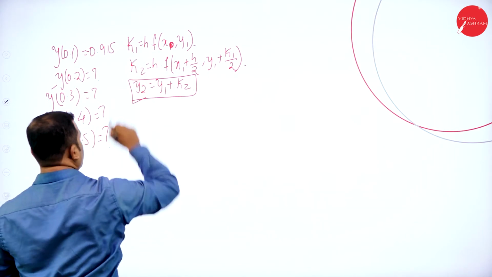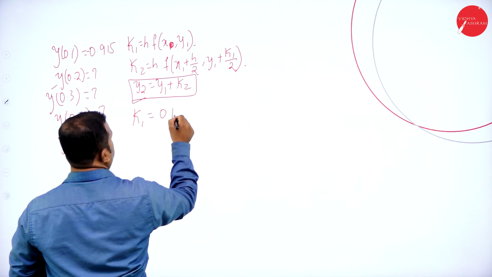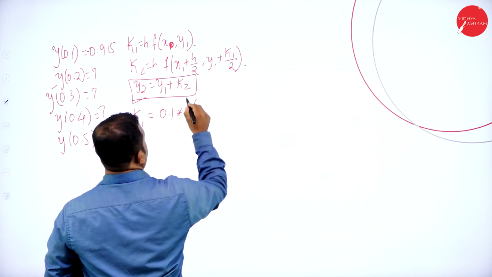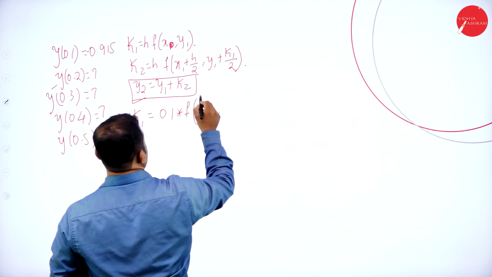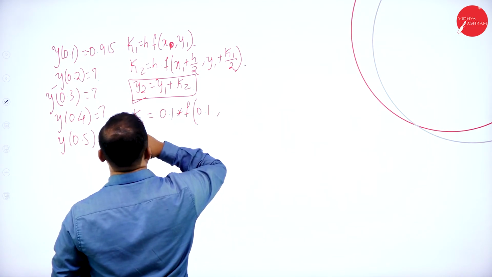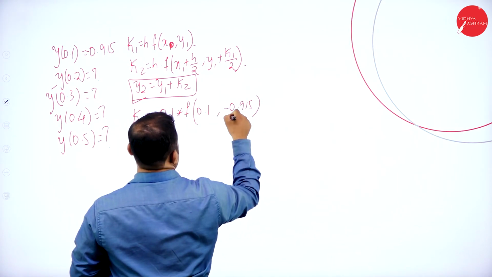So if that is the case, how can I find out the value of k1? k1 is equal to h is what? 0.1 into f of x1 comma y1. x1 is 0.1. y1 is what? Minus 0.915.